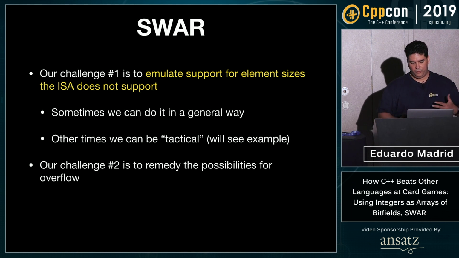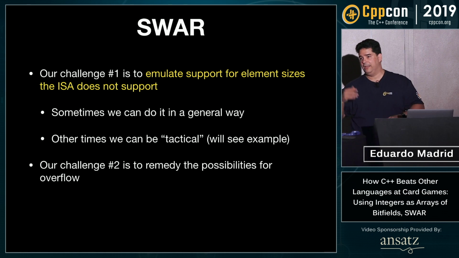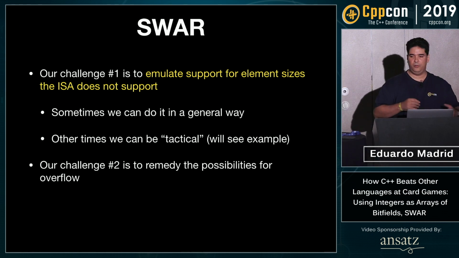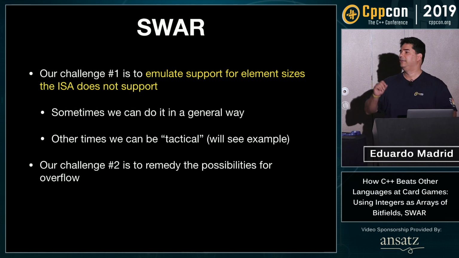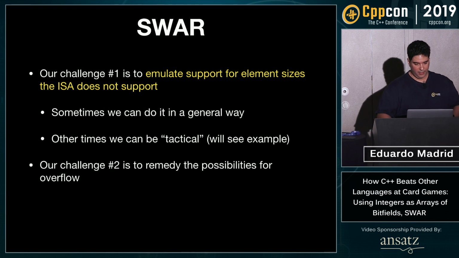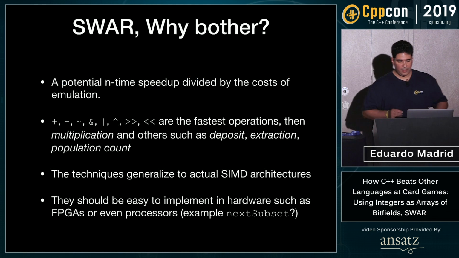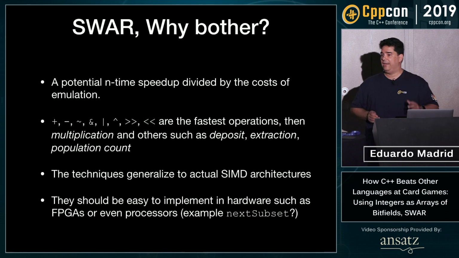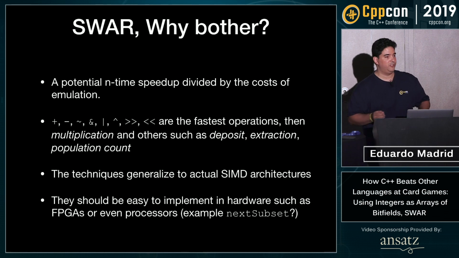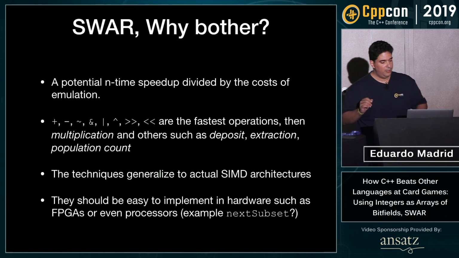And there are ways to do this. There is a general way, and you can also cheat because you know exactly the nature of your data, and therefore you don't have to solve the general problem. Why are we going to bother? Because we can have a very large speedup. I'm going to prove it to you with benchmarks in this presentation.